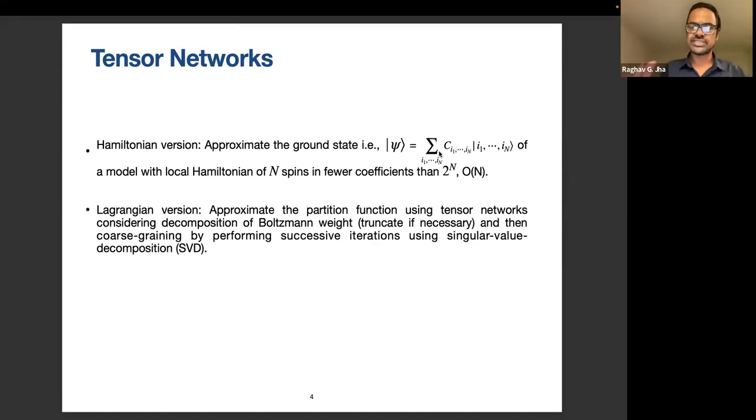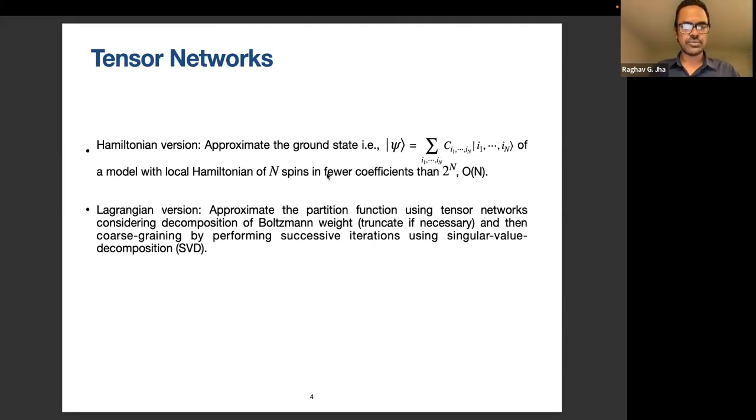So we want to come up with some method in which we faithfully represent the ground state using order n parameters, and those are called matrix product states. And they have been very successful following the idea of DMRG and matrix product states. So these are the things which people use these days to understand any quantum system.